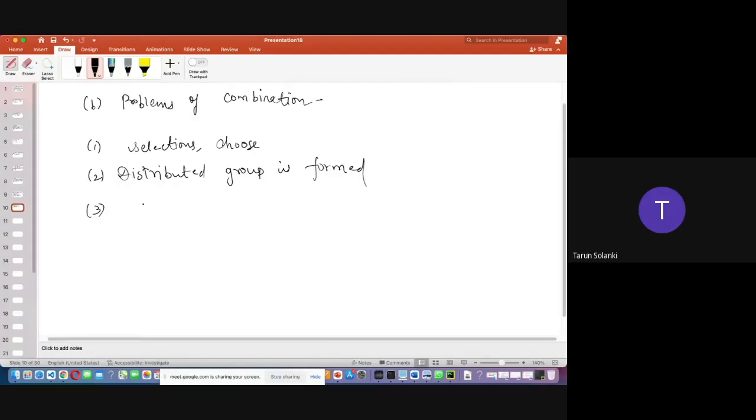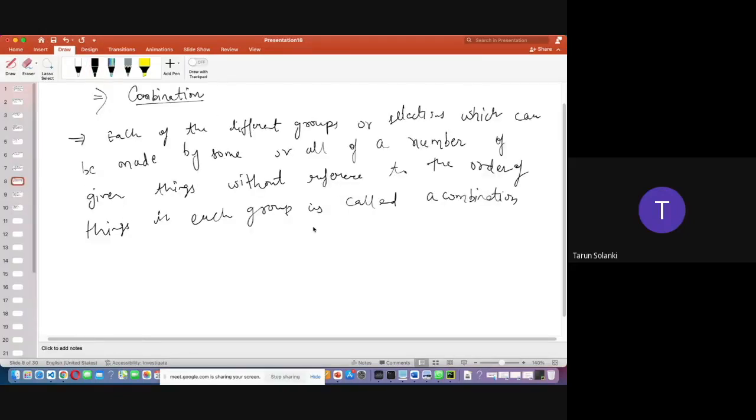Third one, committee. And the fourth one, geometrical problems. Okay. So again, each of the different groups or selections which can be made by some or all of a number of given things without reference to the order of things in each group is called the combination. Okay, so make a note of this first.